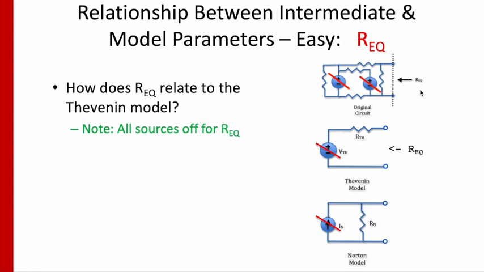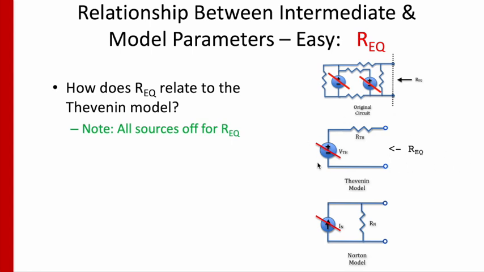Okay, R equivalent, to find it, again, we deactivate the sources in the original circuit, and then we find the total equivalent resistance from this upper connection down to the lower connection, often doing some kind of series parallel combos on whatever resistors remain in here after the sources have been turned off. So let's say we did that, and now we have this value, REQ.